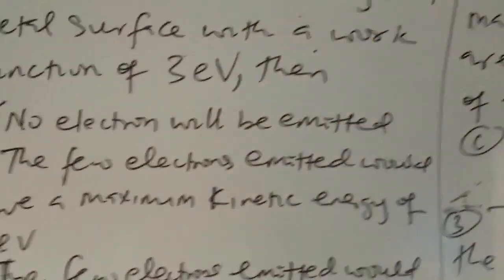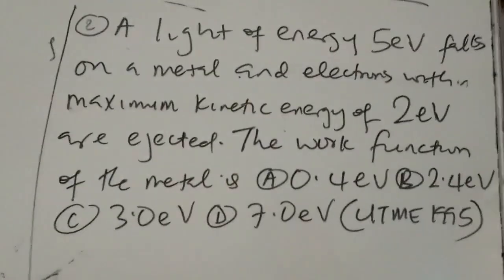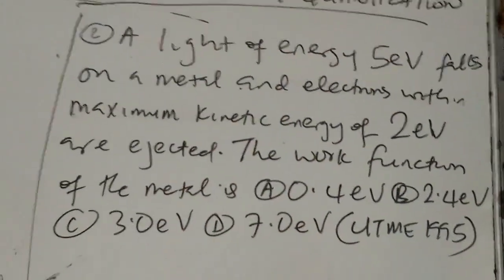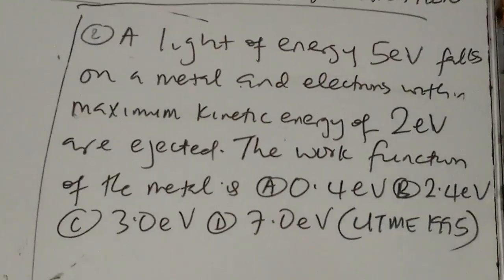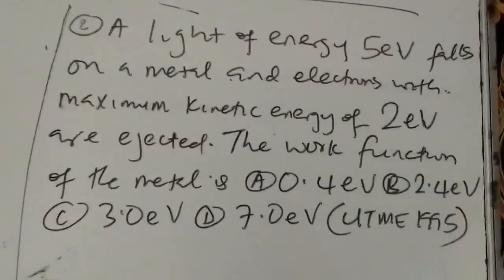Going to number 2 over there. Number 2 says, a light of energy 5 electron volts falls on a metal and electrons with maximum kinetic energy of 2 electron volts are ejected.